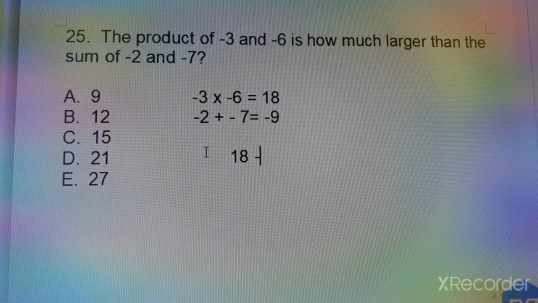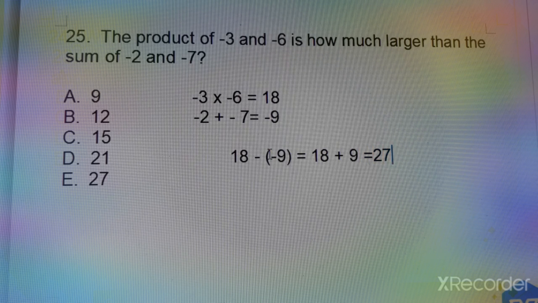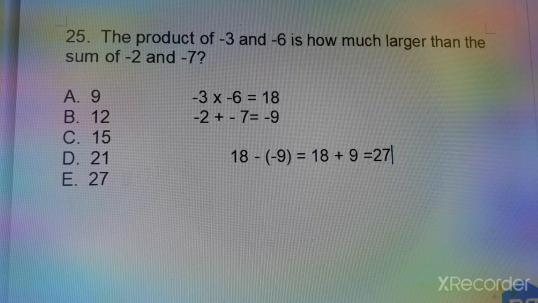Let's subtract: 18 minus -9. Minus minus is plus, so the minus and minus sign becomes positive. Plus 9, so 18 plus 9 is 27. So our answer is letter E.